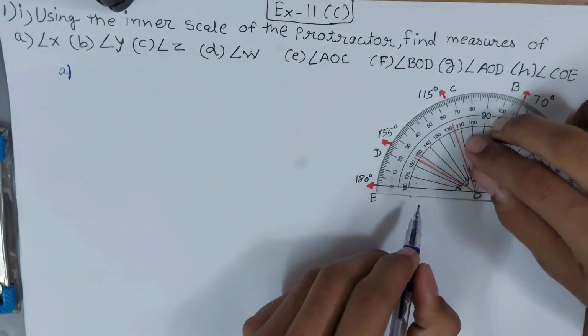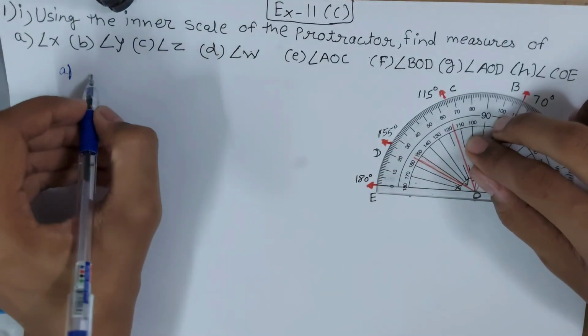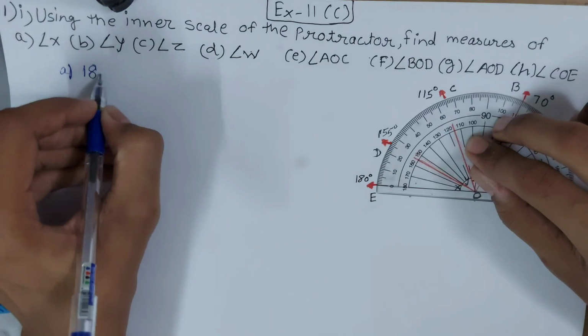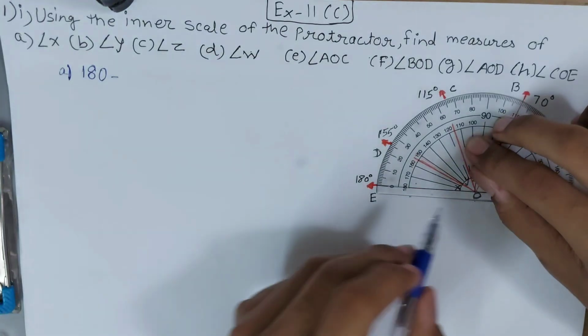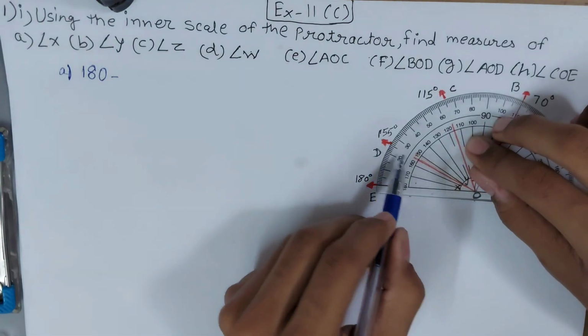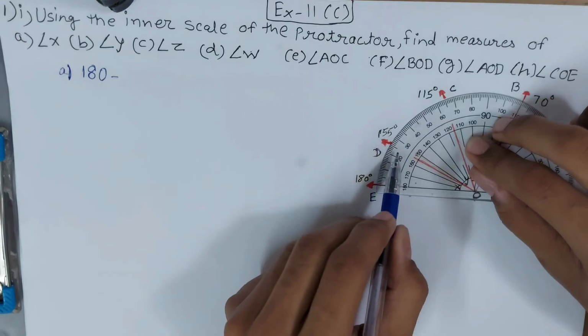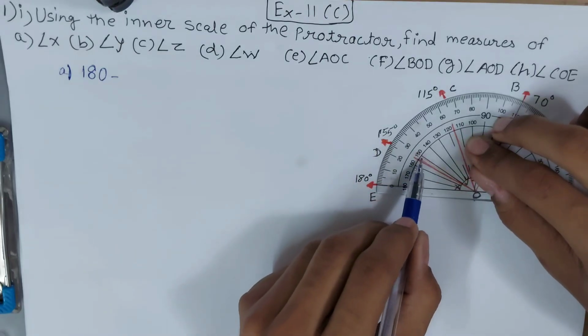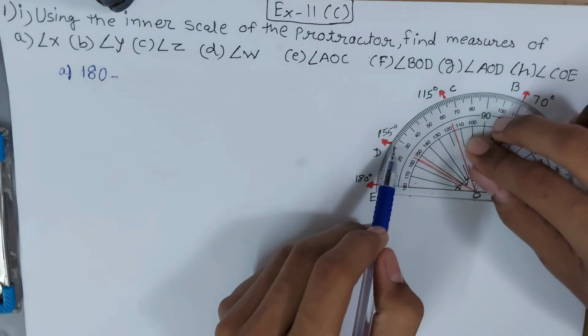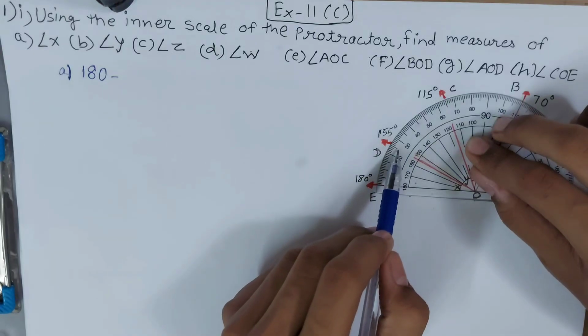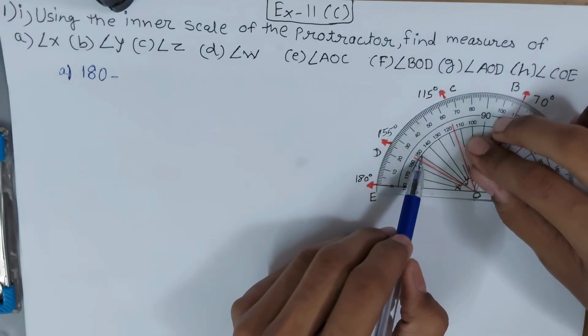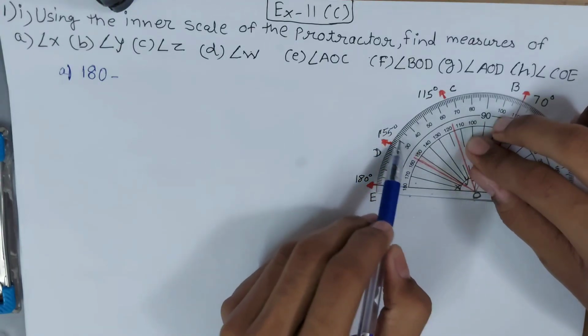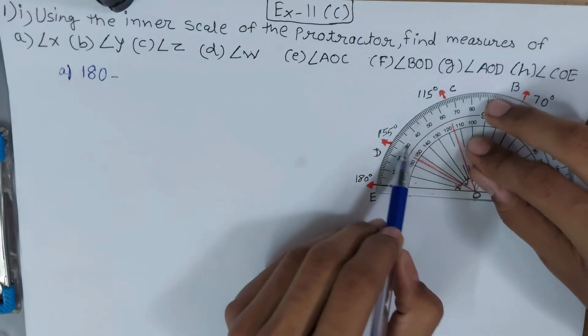How will we measure? 180 degrees is the larger degree that we have. From this you will subtract the measure of the second arm, which is 155 degrees. Can you see 150 here? If you count these small dots, you will find there are 5 dots in between. Ignore this 30 because 30 and 150 are on the same line.